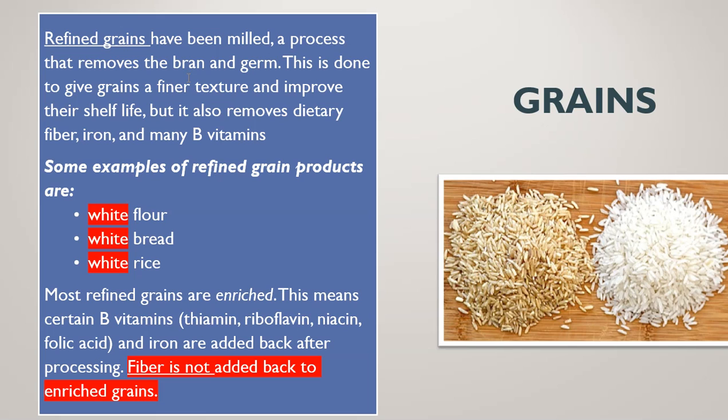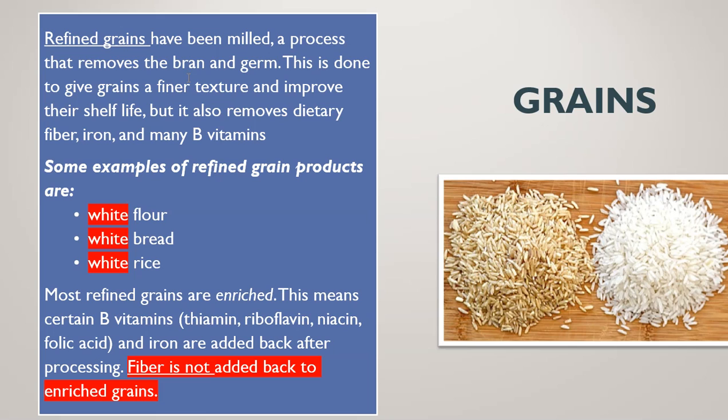Another reason it's done is milling grains can improve their shelf life. In other words, they last longer if you do this. So those are a couple of reasons why we refine grains.